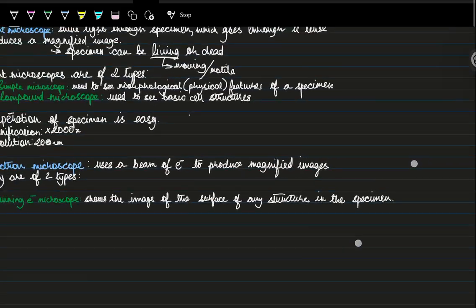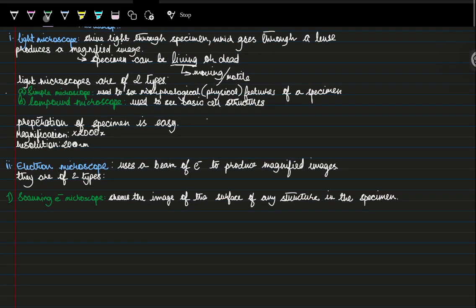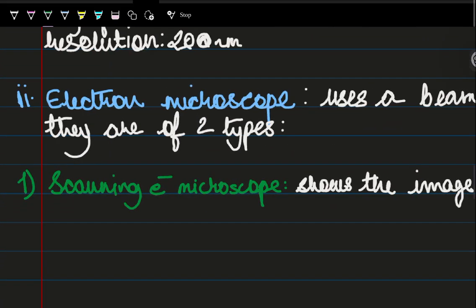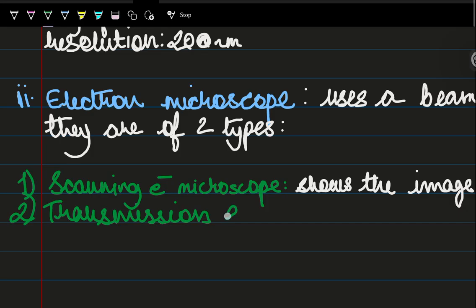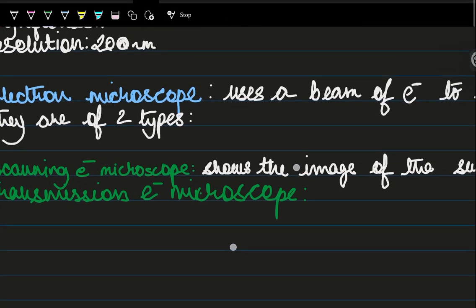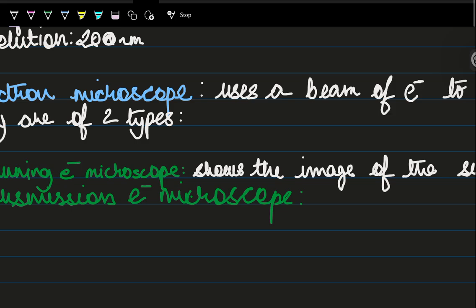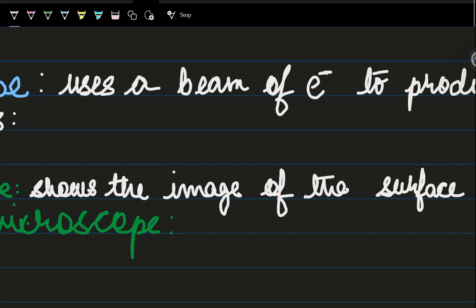Yes. Now the second type of electron microscope is the transmission electron microscope. Yes. So the transmission electron microscope shows internal images.